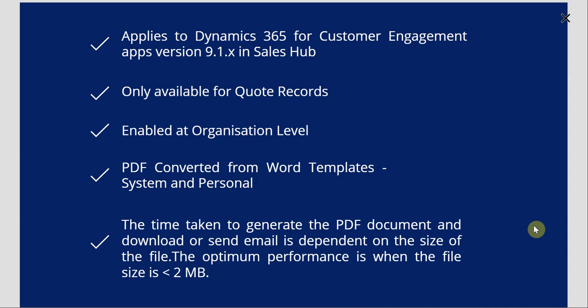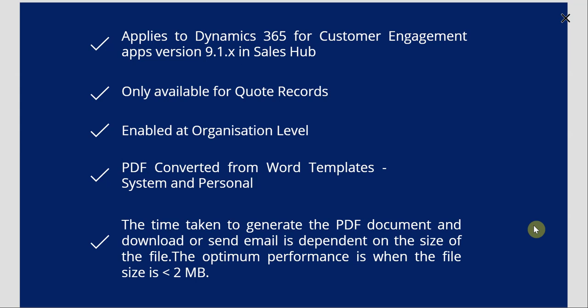Anything below version 9.1, you actually don't see this feature. It's only available for quote records, so you can't do it in other entities in Dynamics at the moment. You have to enable it at organization level, so it's available for all users in the system, and only a system administrator can enable this.